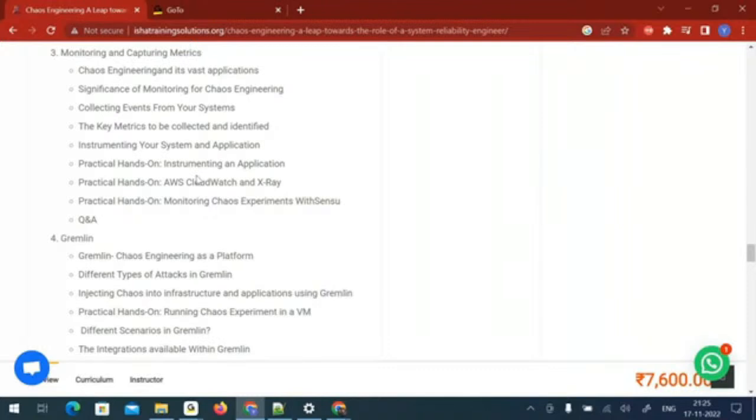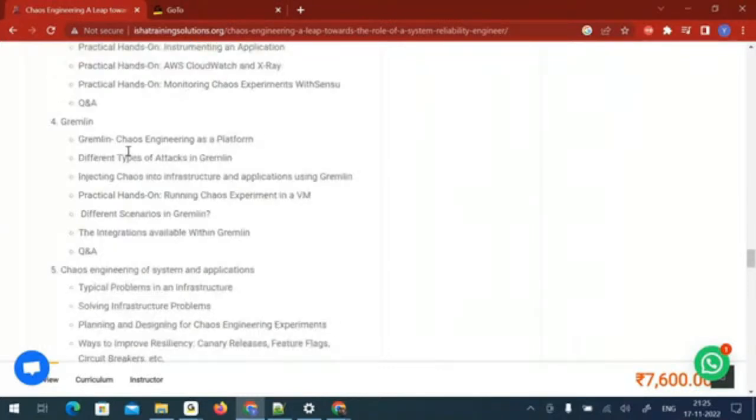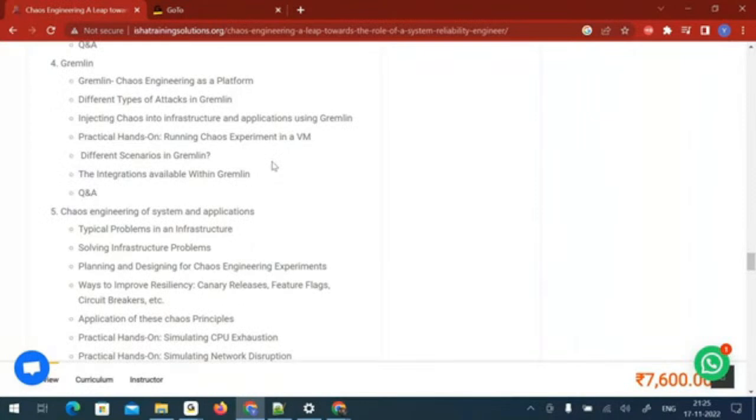Then Gremlin, obviously we will be seeing extensively: what are the different types of attacks in Gremlin, how you run an attack, how you create a scenario, schedule a scenario, how you run a game day in Gremlin, and how you install Gremlin, or implement Gremlin, into Kubernetes containers. So all those things we will be covering, okay?